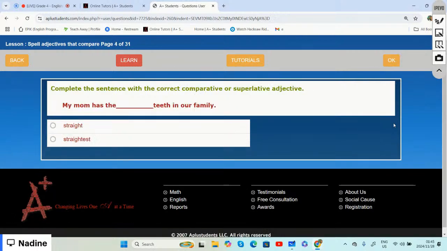Okay, one last one. The last one. My mom has the straight teeth in our family. Or do we say my mom has the straightest teeth in our family? Which option is correct? Straight or straightest?